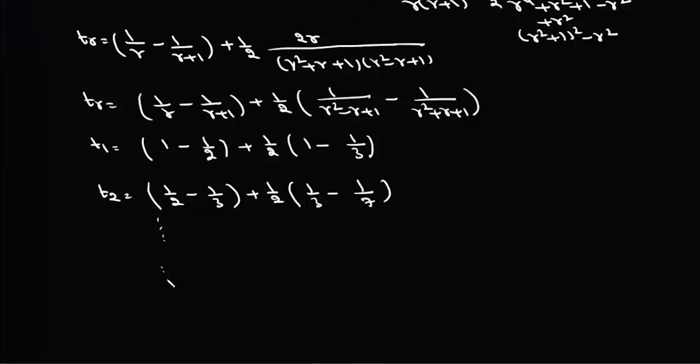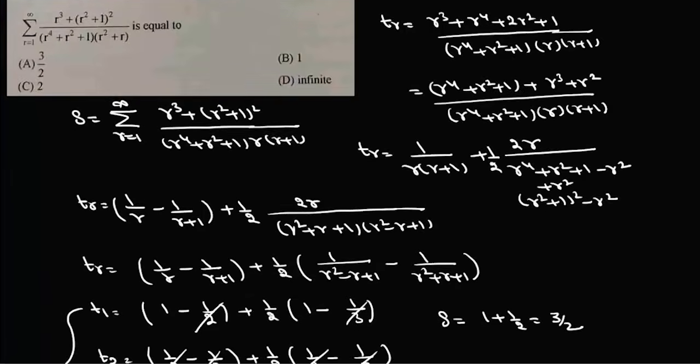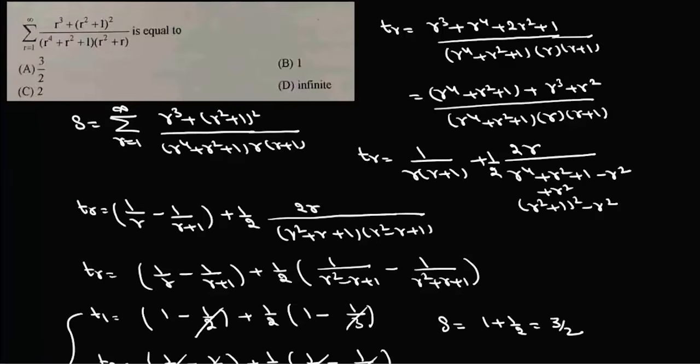And since it is an infinite series, all these successive terms will cancel. So the sum of all the terms up to infinity will be given by simply 1 plus 1 by 2, which is 3 by 2. So the answer to this summation is 3 by 2, and that's your option A.